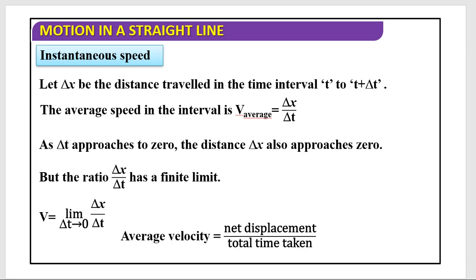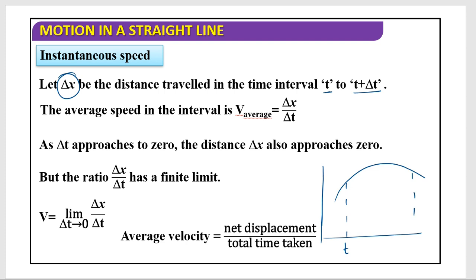Let's say a certain particle is moving and it has traveled delta x from t to t plus delta t. This is the motion, and this is the time t.